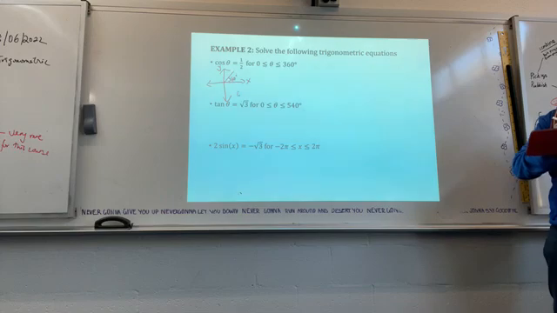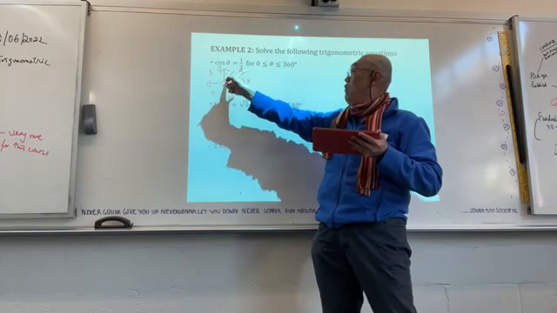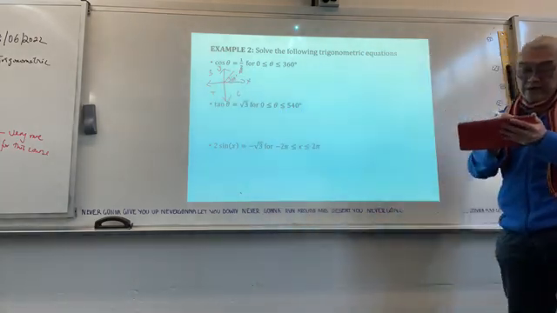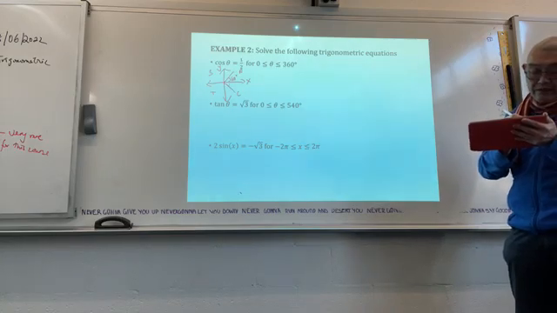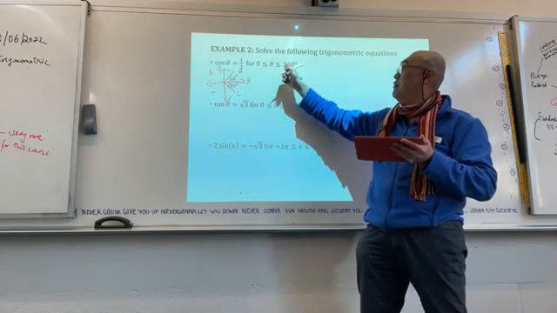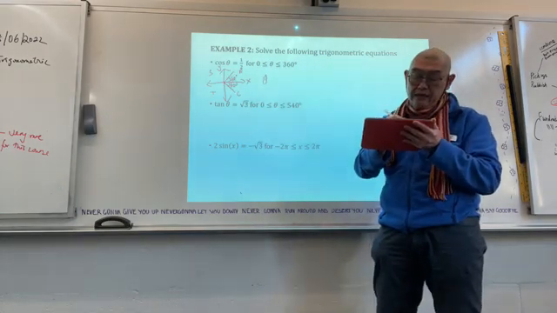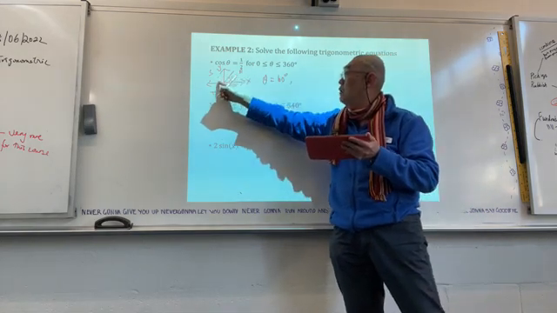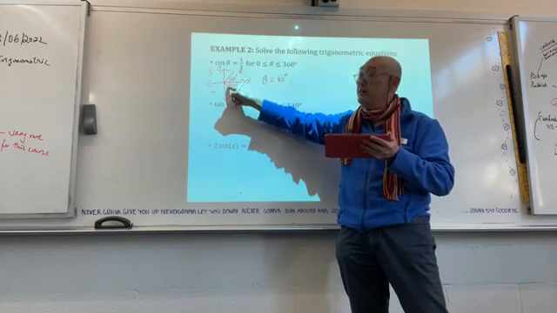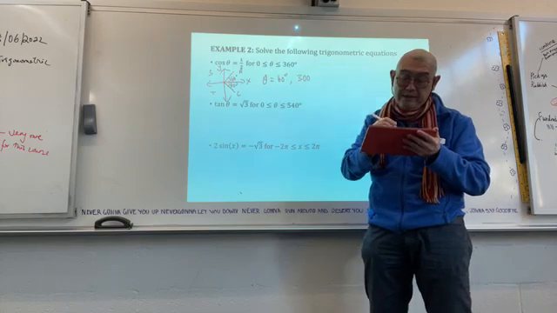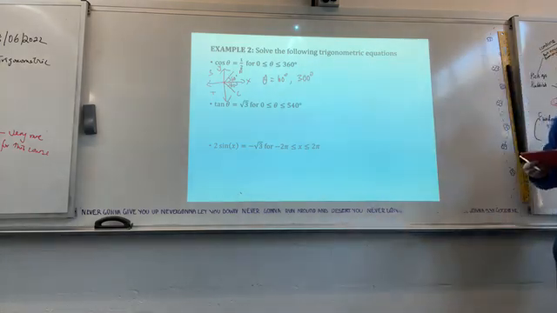Now, you know C, A, S, T. So if it is positive, it could be in quadrant 1 and the other one could be in quadrant 4, and that will be 60 degrees as well. However, what we wanted is from 0 to 360 degrees. Therefore, theta is 60 degrees, and measuring from here all the way up to 360, take away 60 degrees is 300 degrees. That's how you do it.